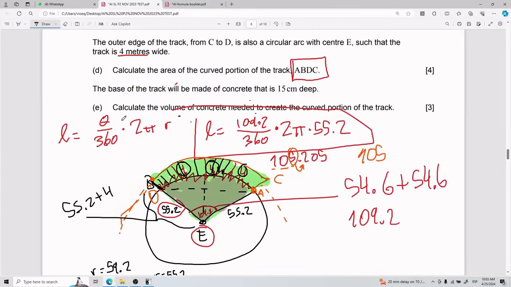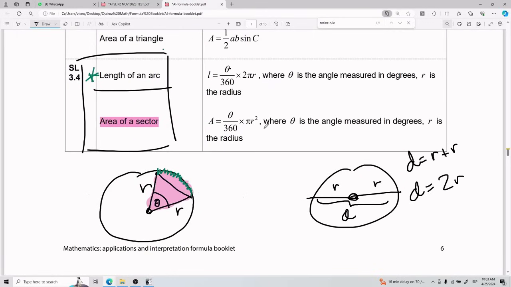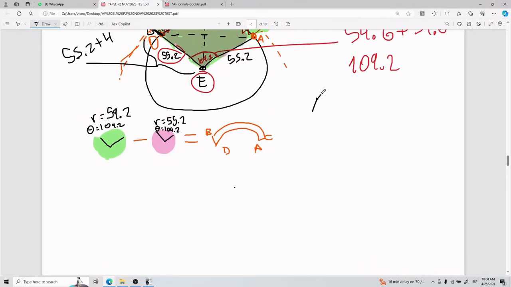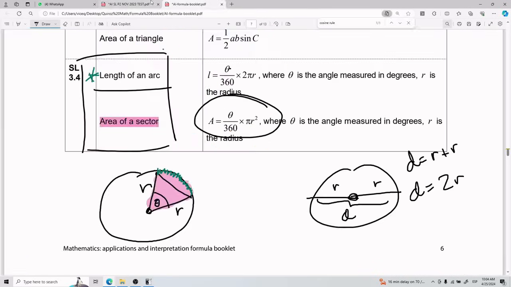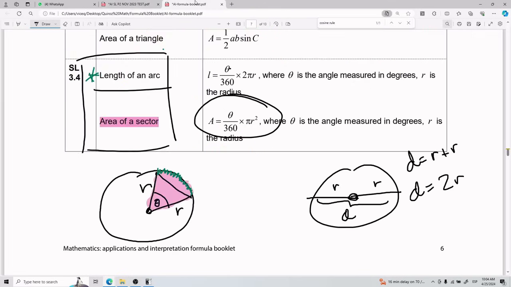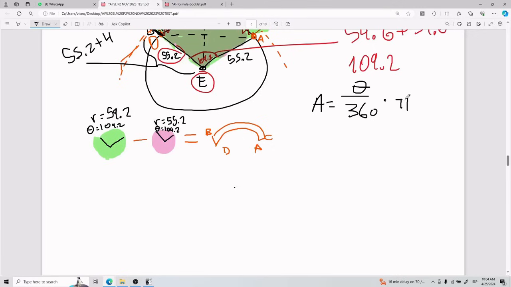Remembering our equation up here, or actually, for area of sector, you have this. So for area of sector, let me put it here, area sector is theta divided by 360 times pi r squared.